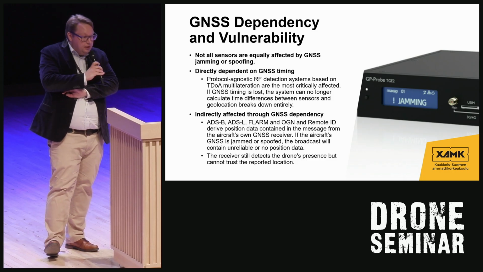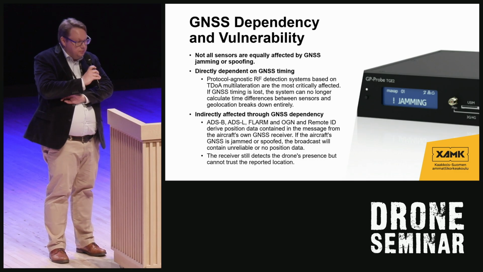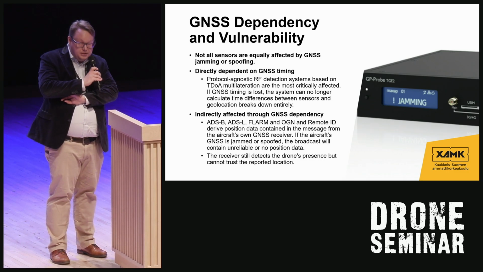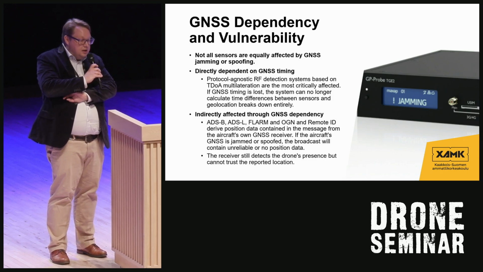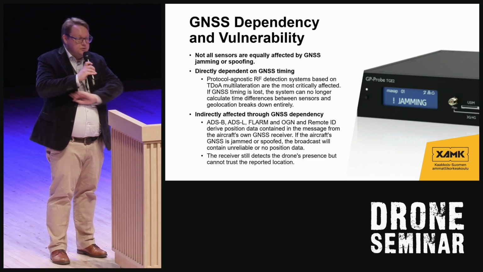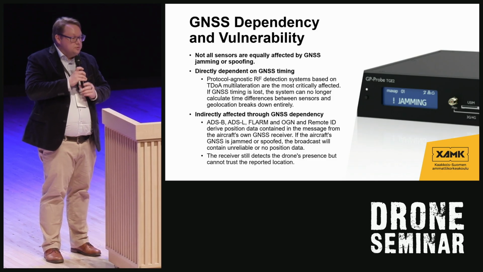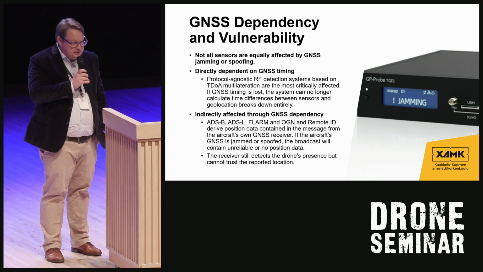Also, I was talking about this RF detector, which detects if the transmitting device is an airborne device. This system uses very precise time calculations when different antennas receive the radio signal, and usually this time synchronization is received via satellites.